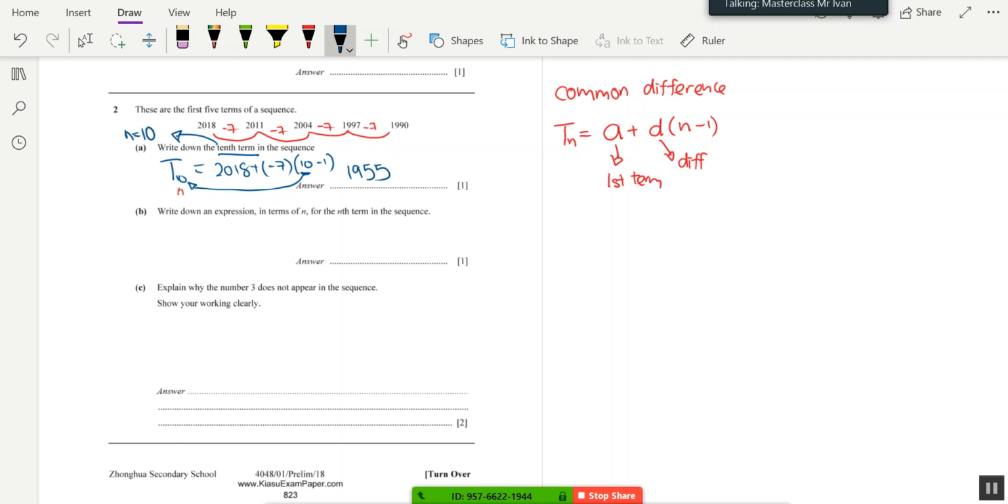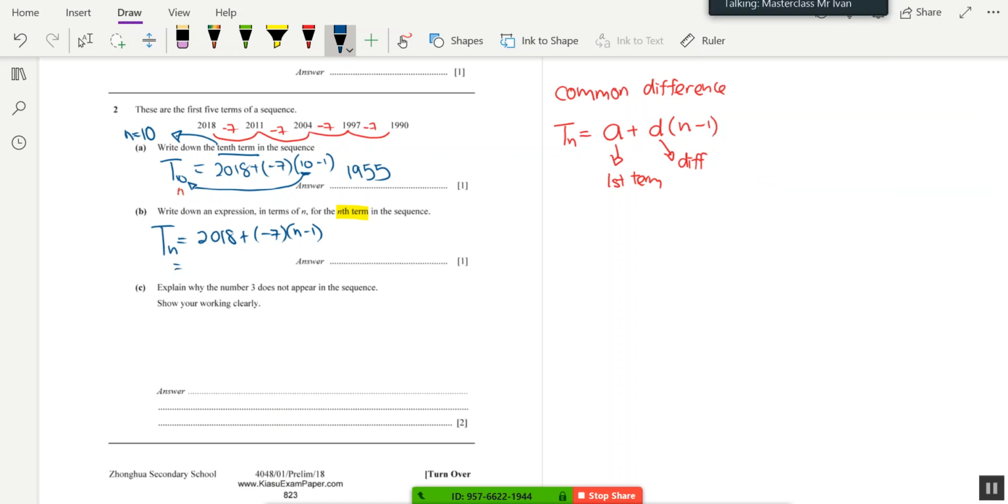Alright, so if they want the nth term, now we put this formula. Tn equals a, which is 2018, the first term, plus the difference, which is -7, times n minus 1. Please do not leave this as the answer.